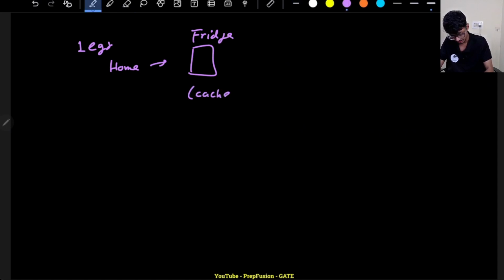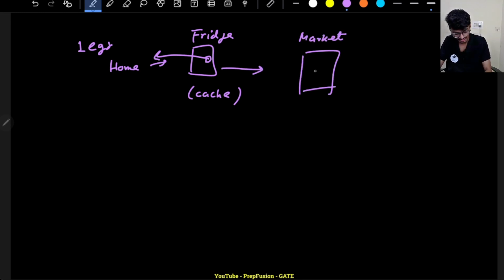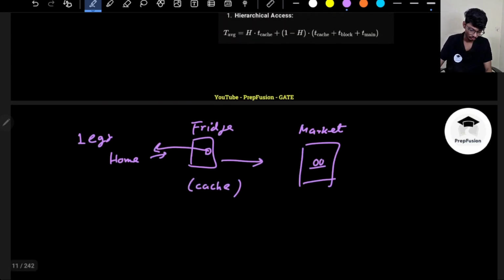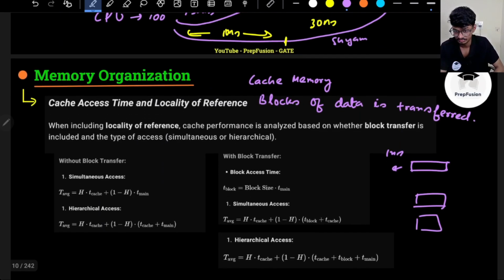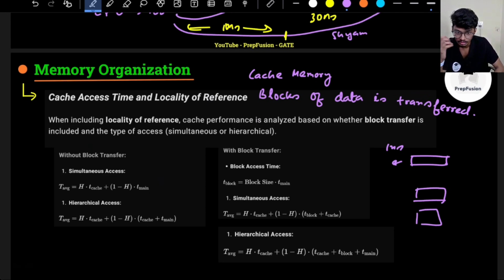If the egg is present, that's it, I bring the egg. If it is not present, of course I have to go to the market. In the market, it's not like I will bring only one egg, I will bring 10 or 20 eggs, something like that. I hope you got the point. Here also, if it is a miss, I will bring a block of data into the cache memory, so next time if I require something similar, I may find it in the cache memory. That is the main purpose of cache memory.